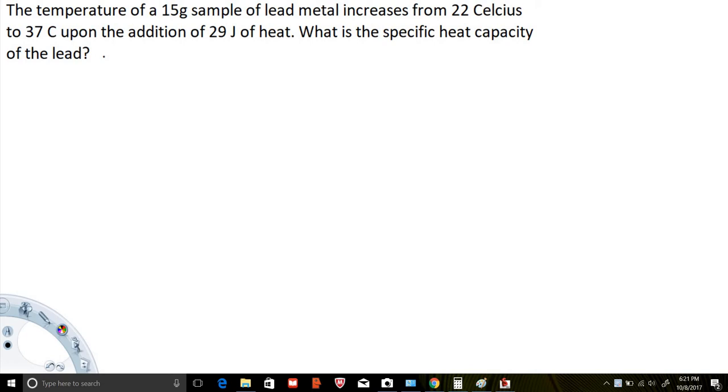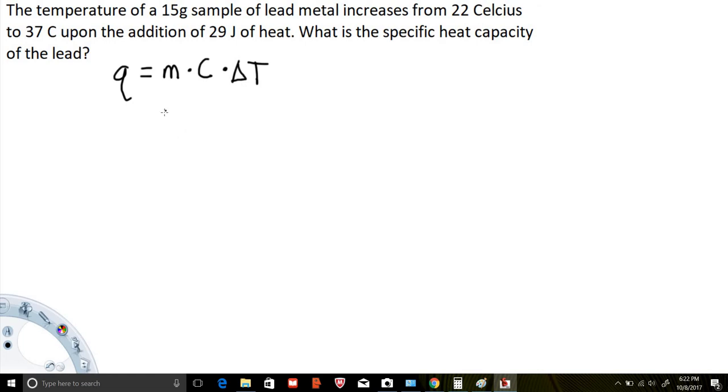Alright, so let's write out this equation that we are going to use here, and it is going to be Q in joules of heat is equal to M, the mass, in grams, times C, which is the specific heat, and this is what we're solving for, times the change, or delta T, of temperature in Kelvin.